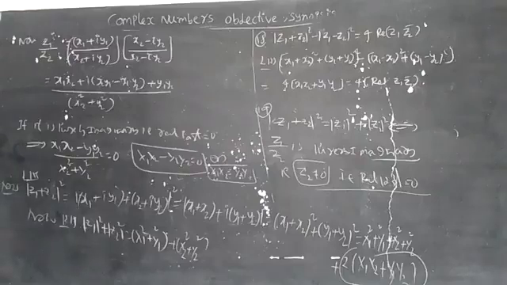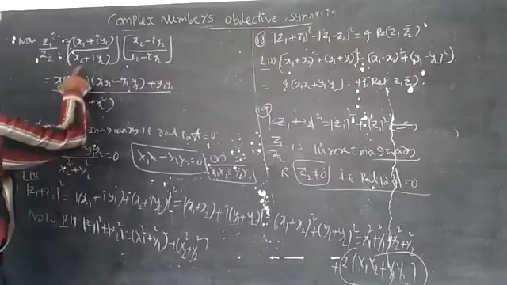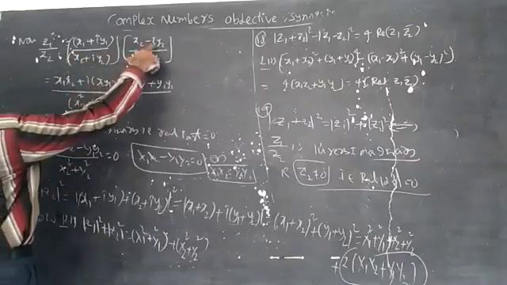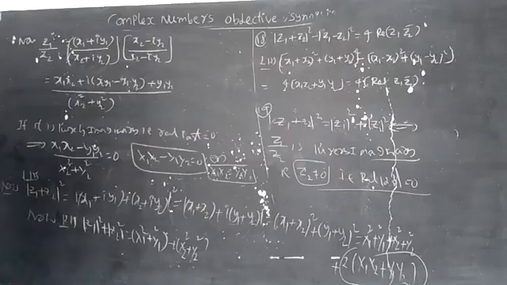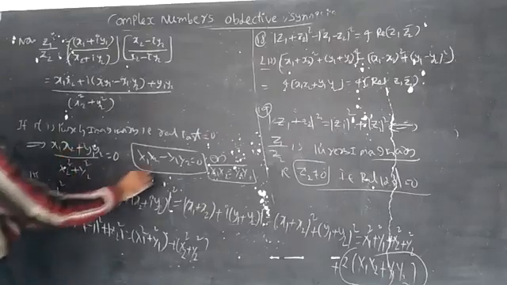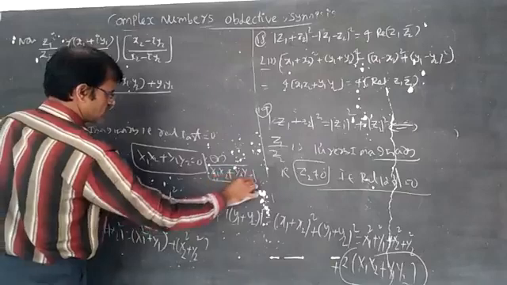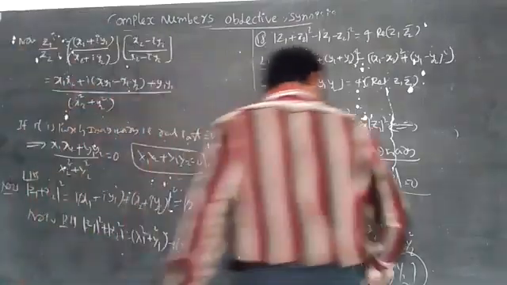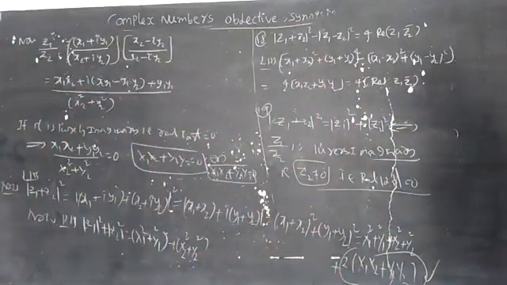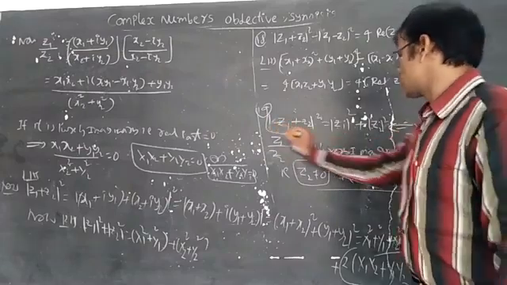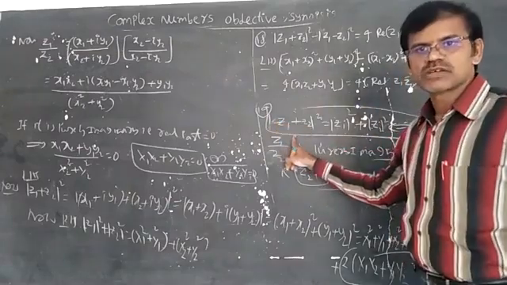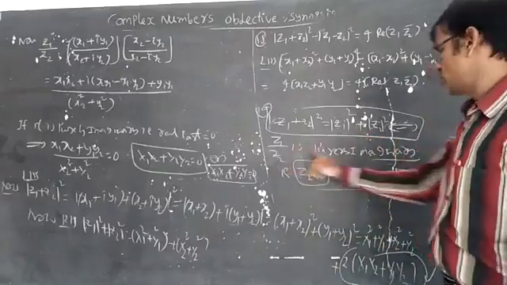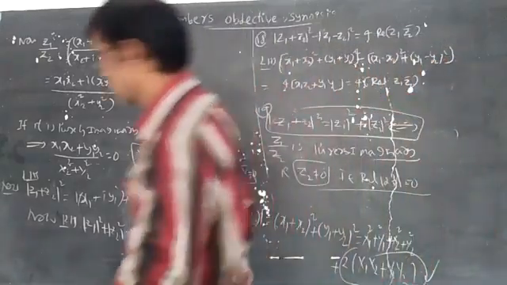So, z1 by z2 means x1 plus i y1 by x2 plus i y2 times x2 minus i y2, and the real part is equal to 0. So the part x1 x2 plus y1 y2 is equal to 0. Therefore, at last we write: modulus of z1 plus z2 whole square is equal to modulus of z1 square plus modulus of z2 square, if z1 by z2 is a purely imaginary number.